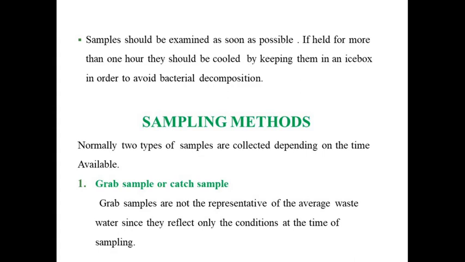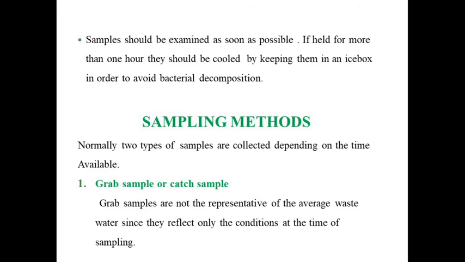A composite sample consists of portions of wastewater taken at regular time intervals, and the volume of each portion is proportional to the wastewater flow at the time of its collection. So this composite or integrated sample indicates the character of the wastewater over a period of time.